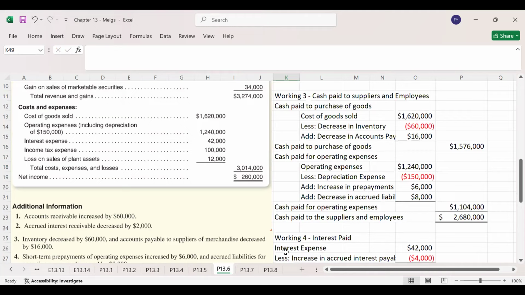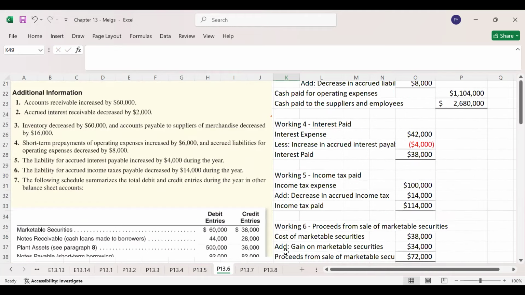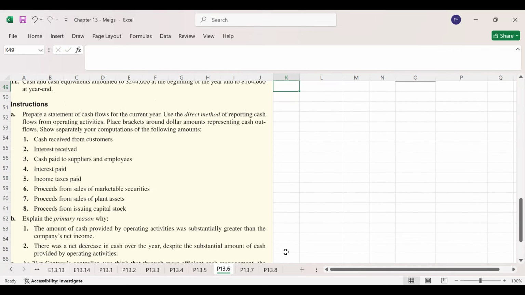So these are the supporting calculations, and now we are going to prepare a cash flow statement, and this is our first requirement. Here you can see, prepare a cash flow statement.